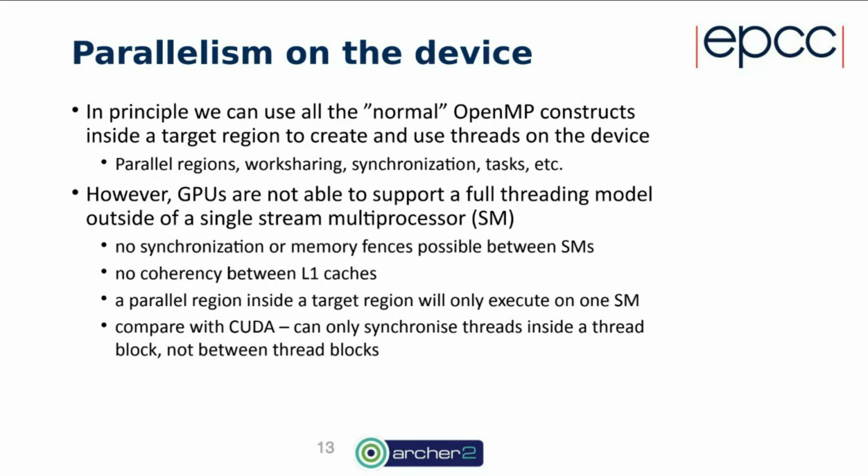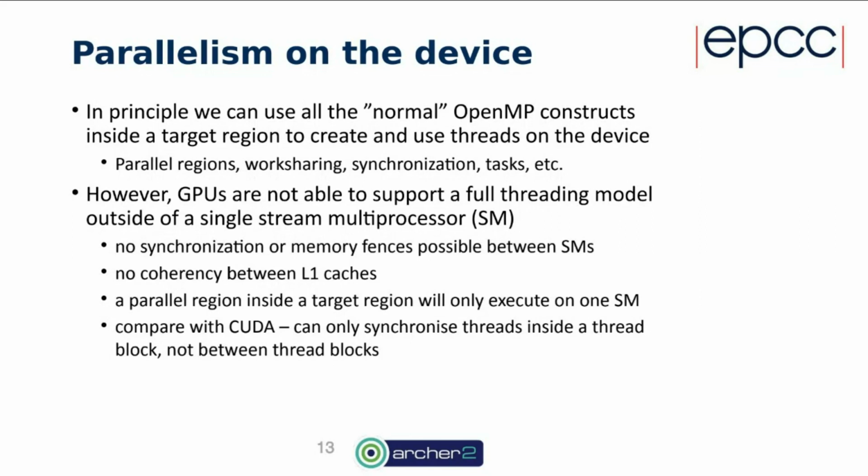So why not? Well, it's because the GPU hardware doesn't support synchronization or memory fences between the SMs. There isn't any coherency between the level 1 caches. Each SM typically has a level 1 cache, but there's no coherency. What happens is a parallel region inside a target region will only use one of the SMs.